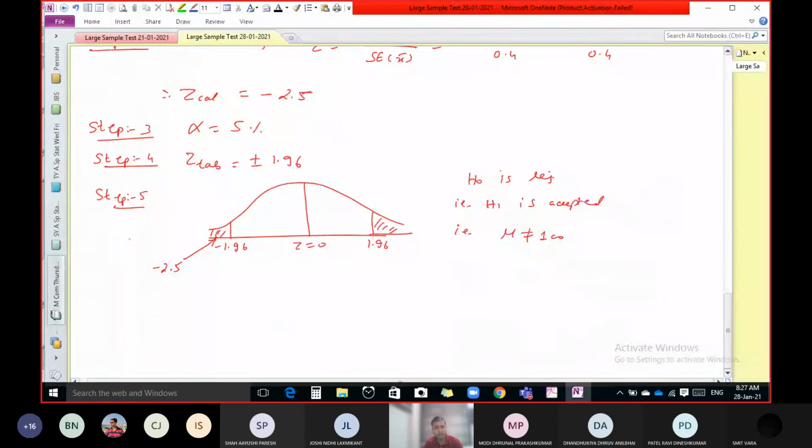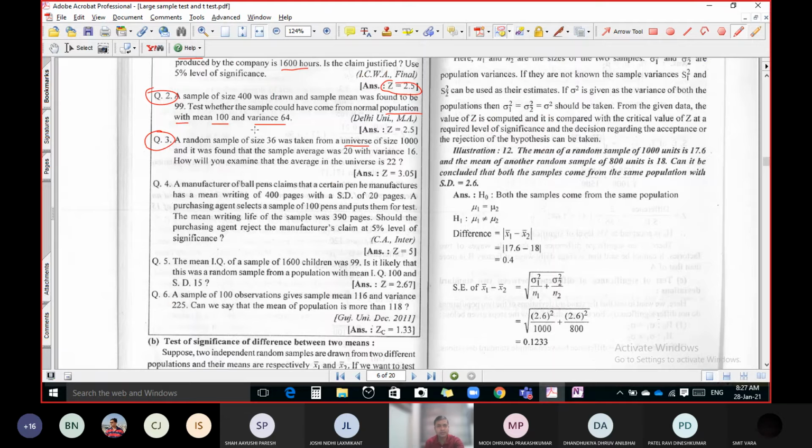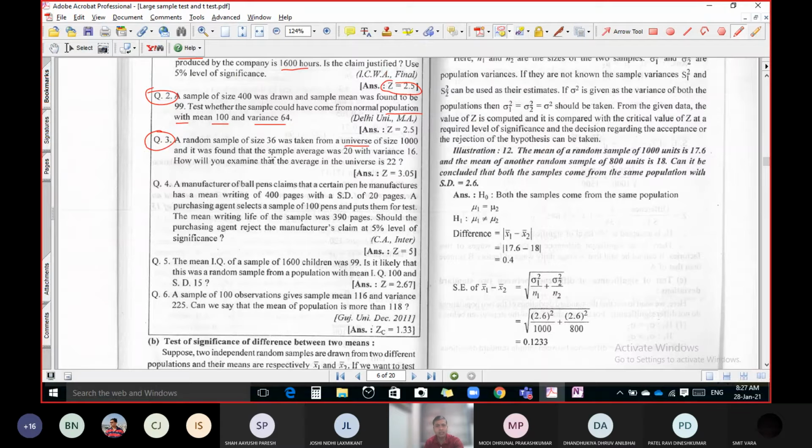So tell me what information we have here. 36. What is 36? Small n. And what is 1000? Capital N. Correct. So small n is 36, capital N is 1000. Sample average was 20 and variance is 16. What is 20? X bar.